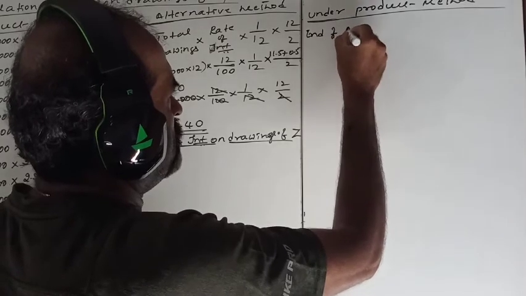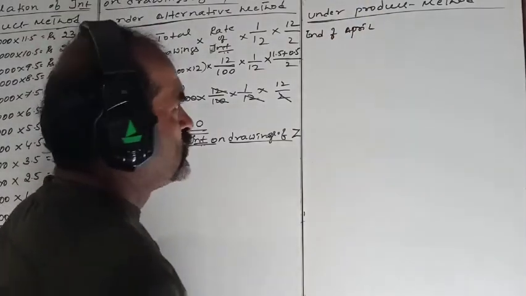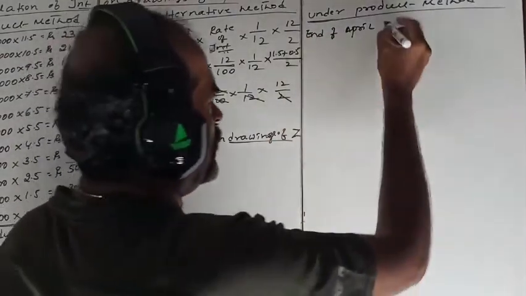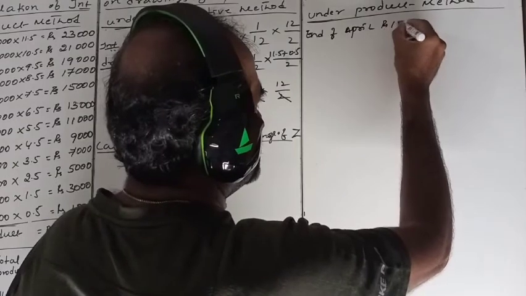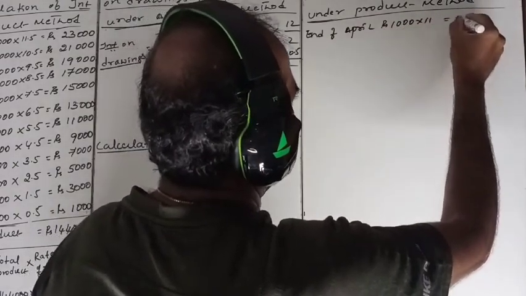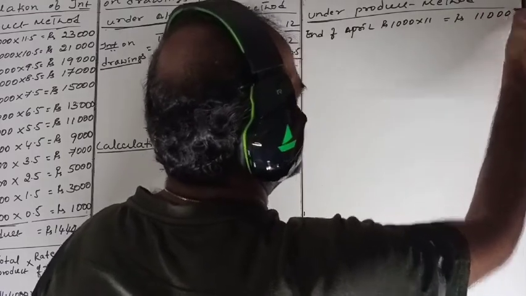End of April. Don't write the date. You should write end of month. Okay. End of April rupees 1000 up to 31st March. There are 11 months. So 11,000.